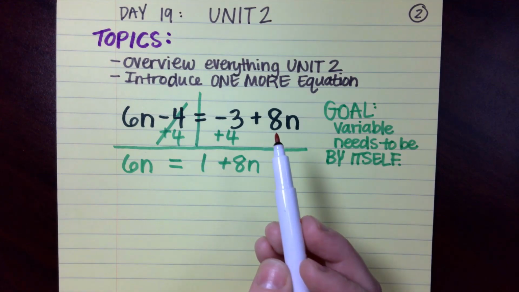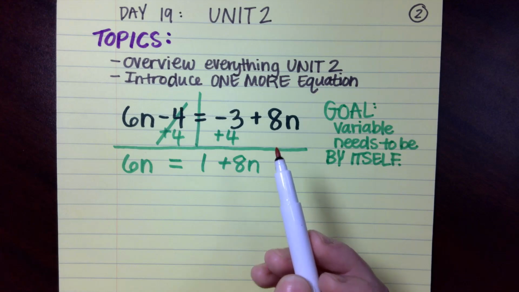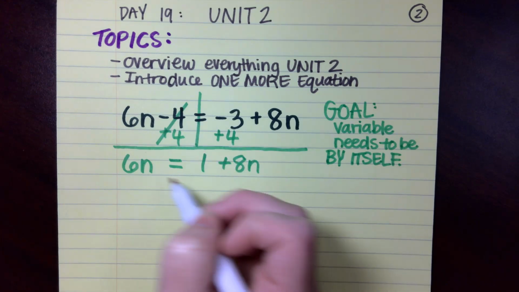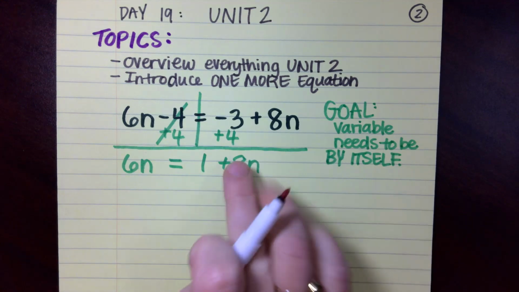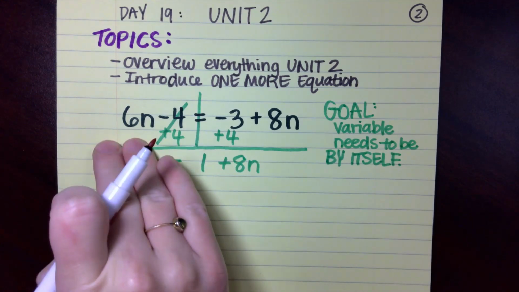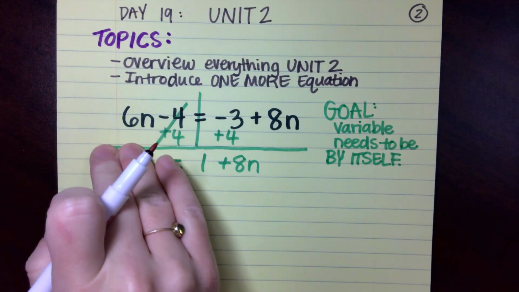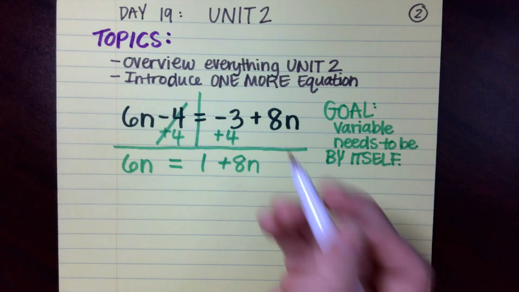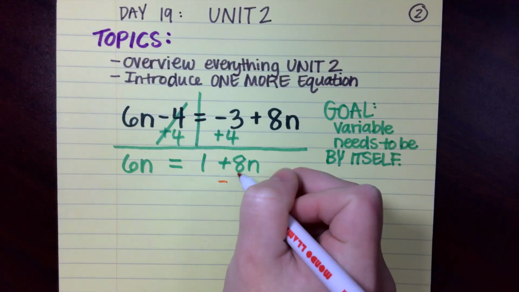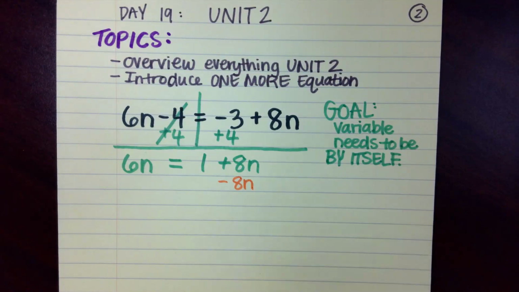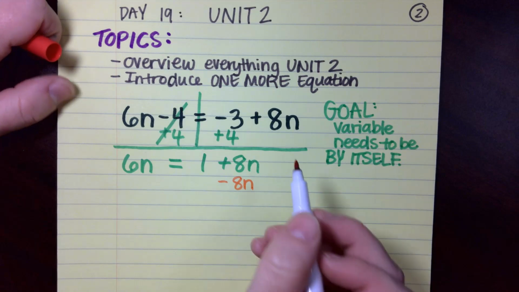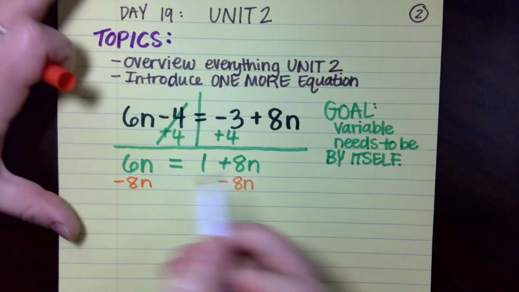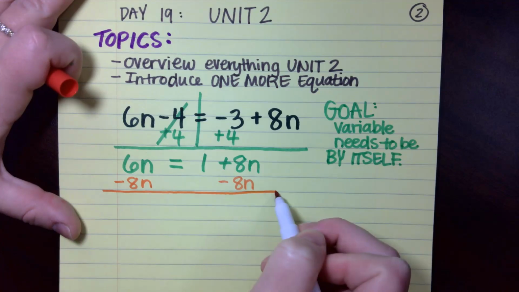So if I wanted to do the least work to get to my answer, I'm going to leave my 6n alone, and I'm going to get rid of the 8n and bring it over here, because I want all my variables on one side and I want my non-variables on the other side. So how about we try subtracting 8n? So we need to get all of our variables combined before we can start separating everything and doing our division.